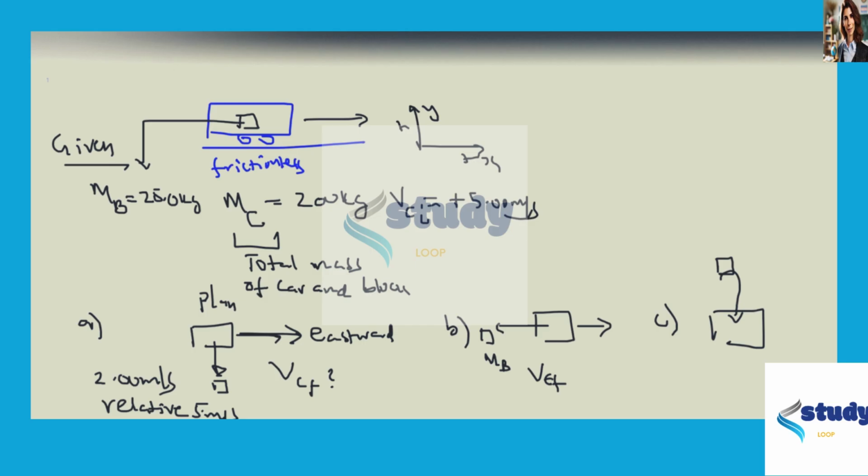They're saying it's thrown relative to the car in the opposite direction to the car's velocity. The car is traveling eastward to the right, but the object is thrown that way inside of the car.